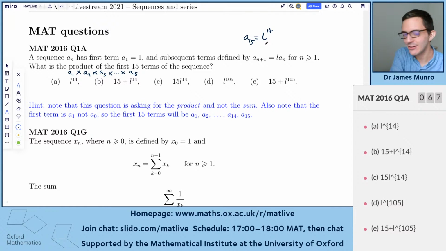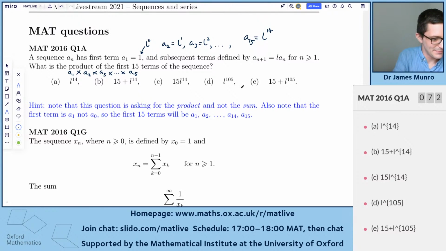I think it's L to the 14, because the first one is sneakily L to the 0, and then A2 is L to the 1, A3 is L squared, and so on. Yeah, it's confusing that the 15th term is L14. We were just so happy that it started at 1, and now this feels like maybe the sort of one where we should have started the subscripts at 0. Oh well.